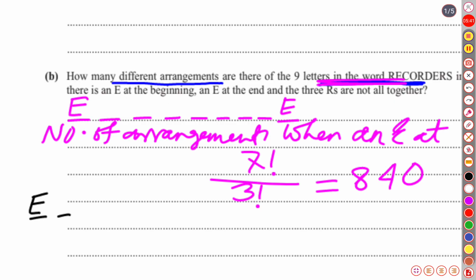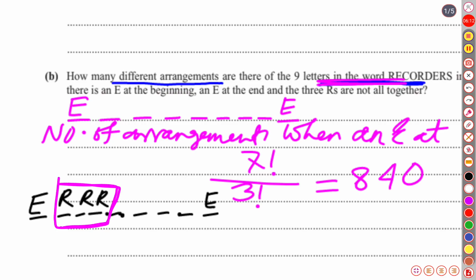E, then 1 2 3 4 5 6 7 8 and 9. Ninth one is E. So R's are together. So 1 R, 2 R's and 3 R's. These 3 R's are together. They are now together as one unit.